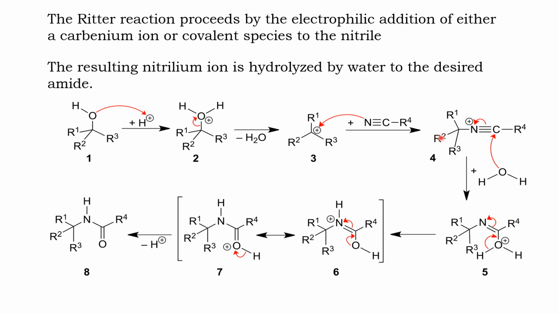The C triple bond N nitrogen has a lone pair of electrons which attacks the positive charge. As a result, the positive charge will come to the nitrogen atom. You got it? Take down clearly.